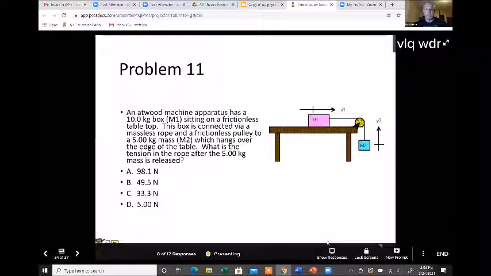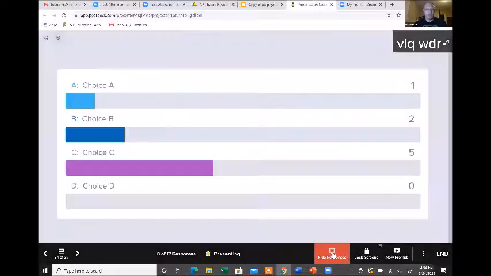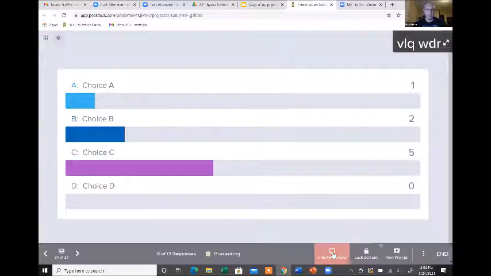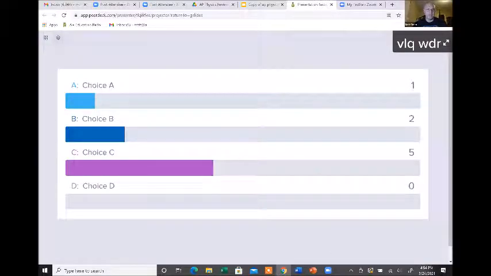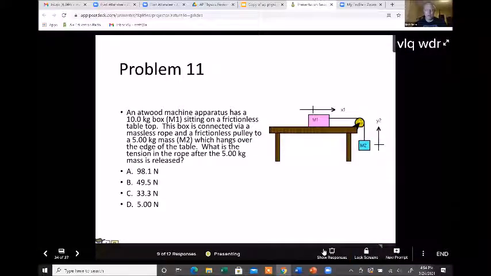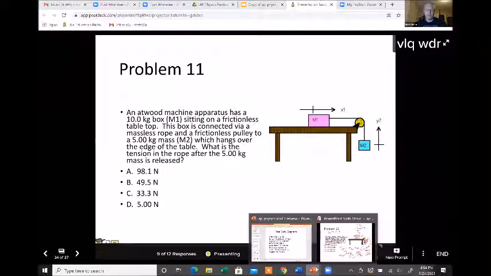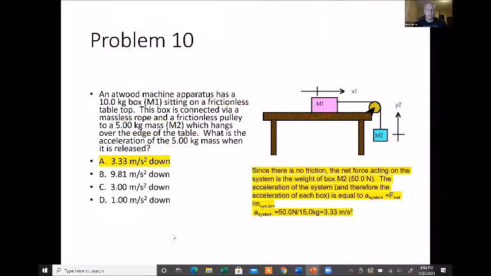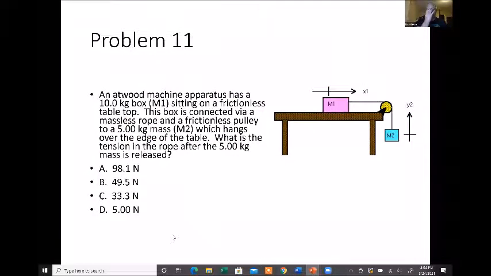We'll see what you guys are thinking. So C is the big choice. B's got a couple of voters as well. So I'm going to go back to my PowerPoint here. We could work this problem by thinking about either object.